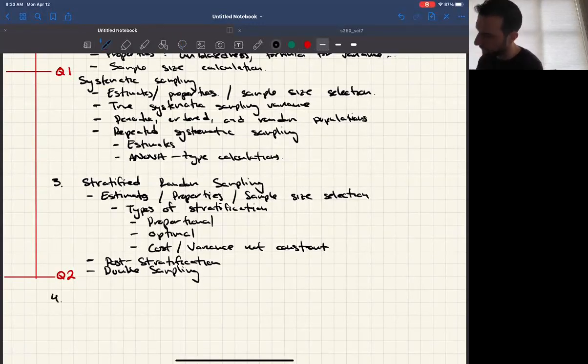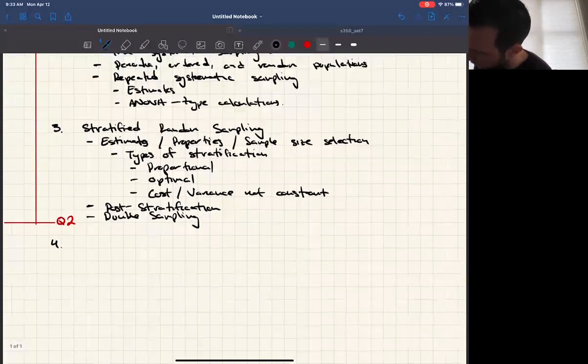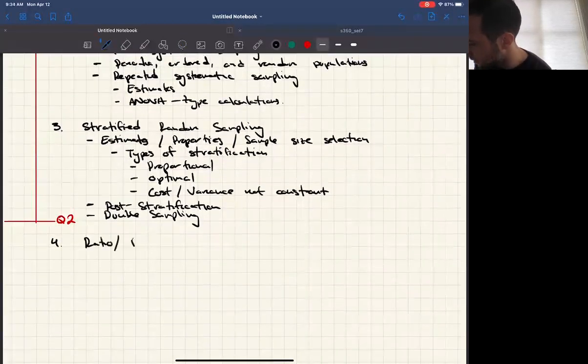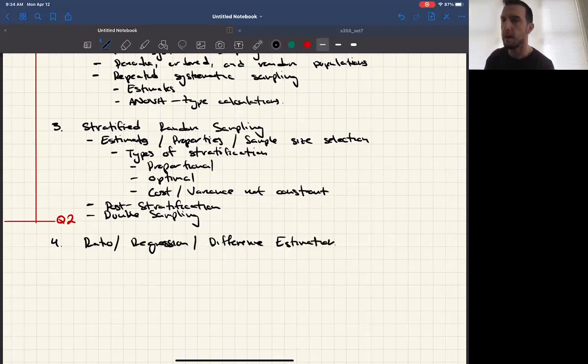Okay, and then in lecture set 4, we talked about ratio, regression slash difference estimation. Okay, and then again, the idea here was that all 3 of these approaches shared the same goal. Just for example, all 3 of these approaches, ratio, regression, and difference estimation, they are not sampling techniques. They are approaches for estimating a population quantity.